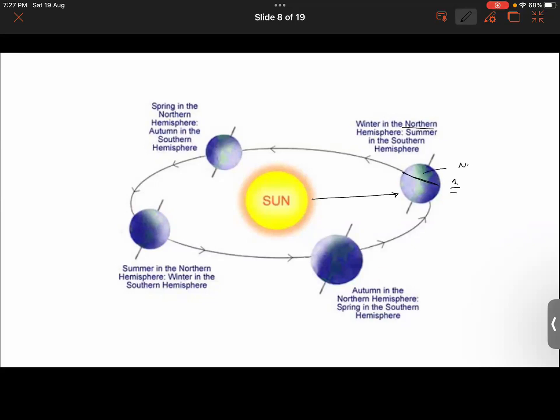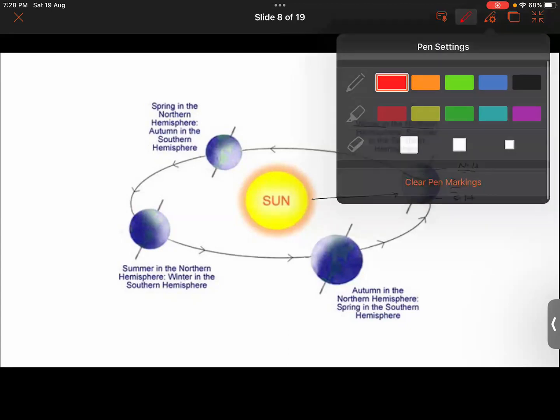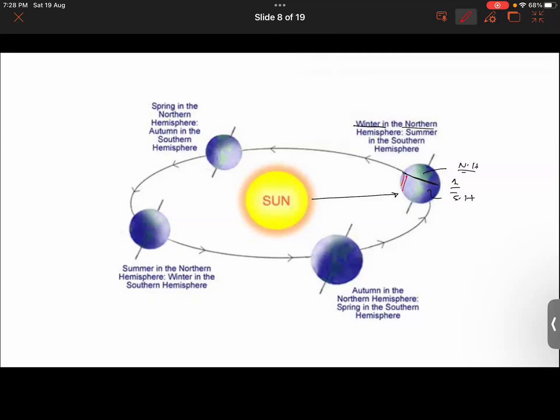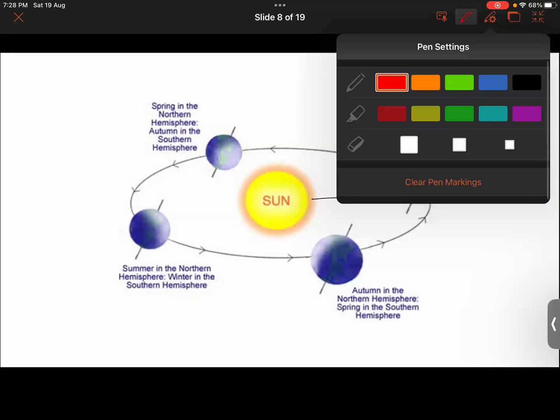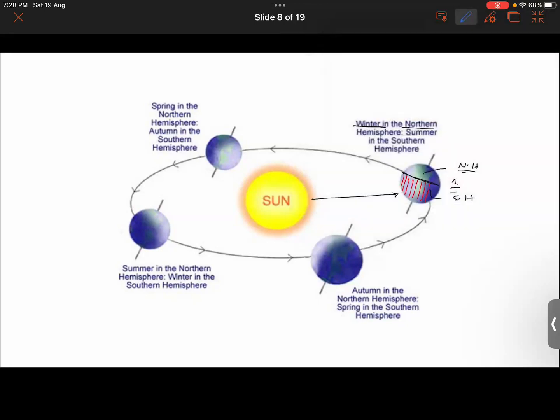This is the northern hemisphere, and this is the southern hemisphere. So this is receiving comparatively less sunlight. Hence there will be winter in the northern hemisphere, and the southern hemisphere is receiving more insolation. Let me draw it over here like this. This much part is receiving insolation right now, and only this much part of the northern hemisphere is receiving insolation.